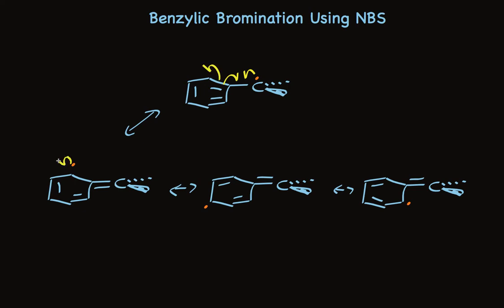This guy can pair with one of these, which leaves a lone electron on this carbon. That lone electron could pair with one of these pi electrons, which leaves a lone electron on this carbon. So you see there are four possible resonance structures for this compound. The initial radical, and three other resonance structures that involve the pi system of the aromatic ring.